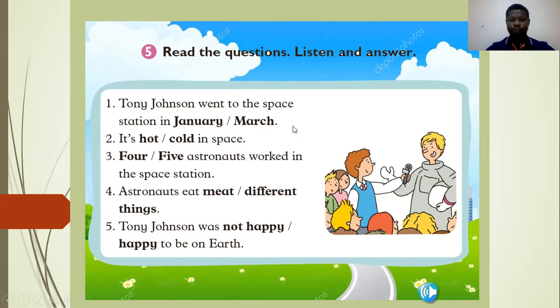Read the questions, listen, and answer. Good morning, Mr. Johnson. Please tell us about your job. Well, I went by rocket to space station. I lived there from March till May. Was it cold there? It was always cold in space. There were 4 astronauts in the space station. We worked a lot, but we had fun too. How many hours did you work? 12 to 14 hours a day.